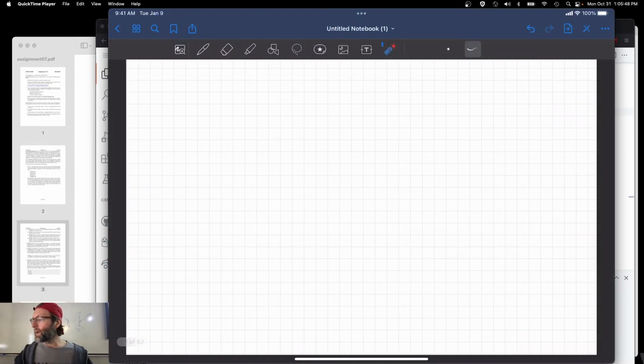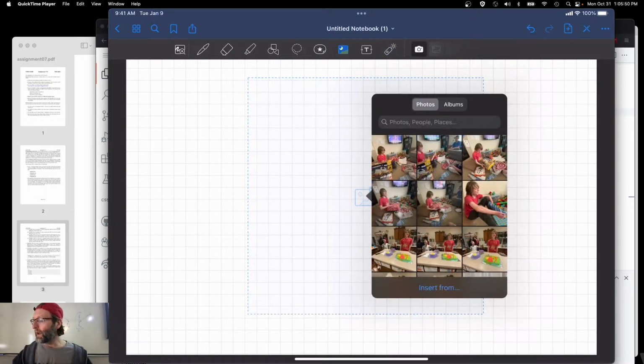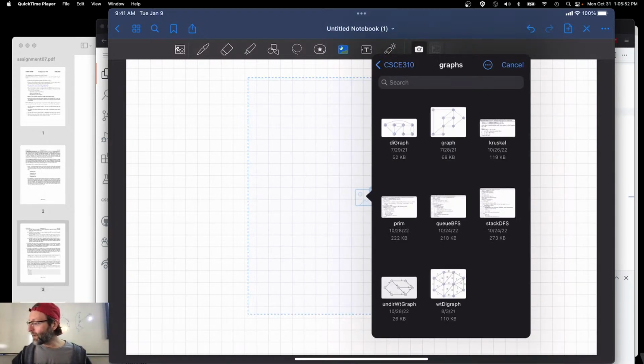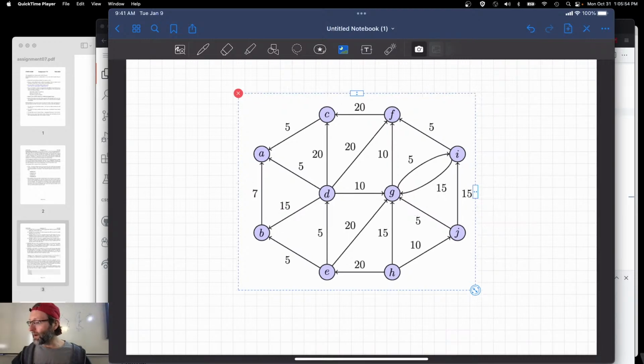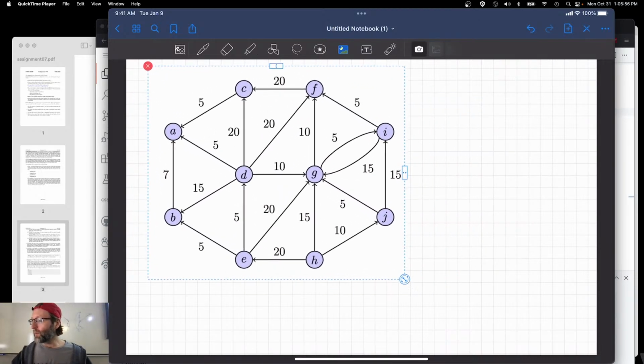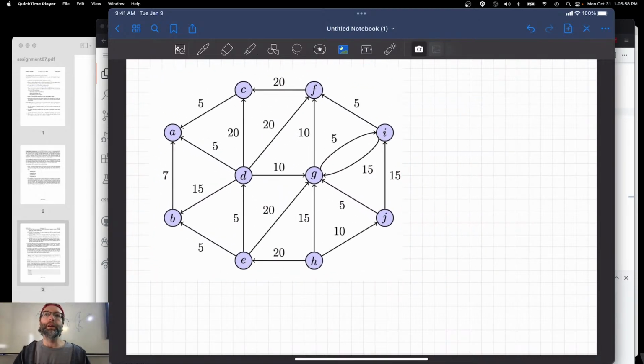What I want to do with the remainder of our time is simply introduce the next algorithm. To do that, I want this graph right here. What we're interested in now is shortest path algorithms. We've gone through: does there exist a path, or what's the minimum spanning tree? Now we're going to combine that into: I want all paths.